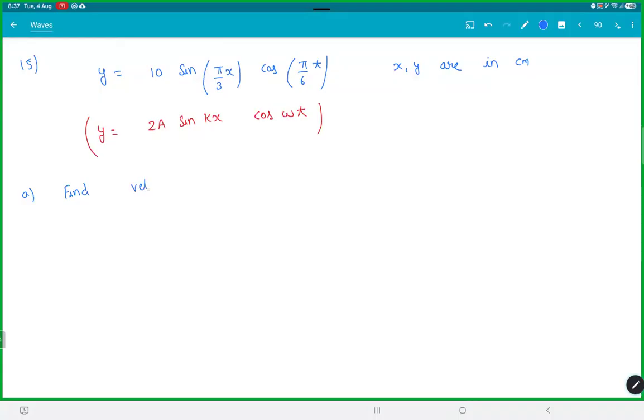Find velocity and acceleration of the particle at x is equal to 2 centimeters at time t is equal to 2 seconds. So at x is equal to 2 centimeters, there is a particle. That particle at 2 seconds, what is velocity and acceleration?